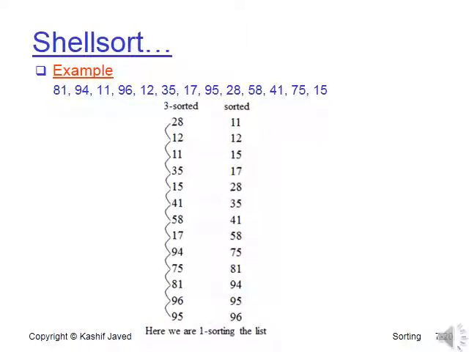The first increment or gap, which is the last increment phase of Shellsort, is basically an insertion sort algorithm. Thus we apply insertion sort to the whole array or list and get the array sorted.